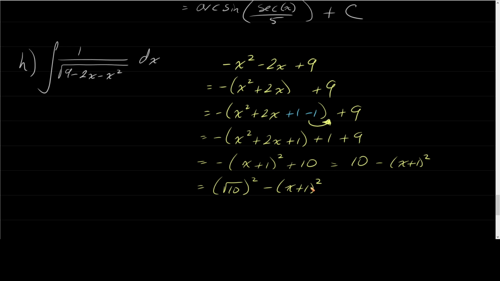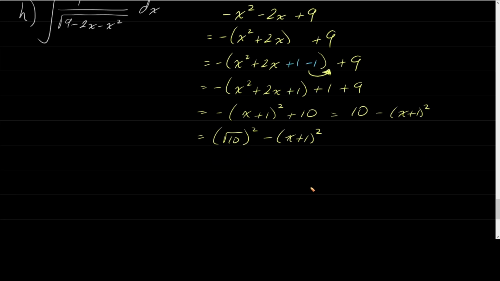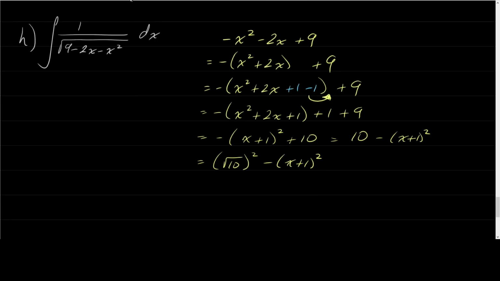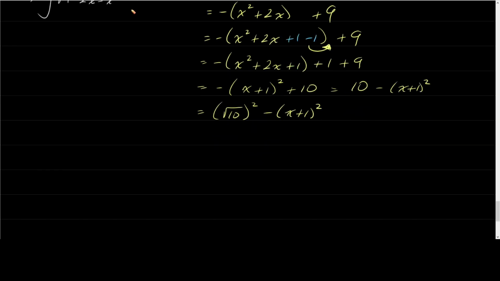And again, that's just a lot of manipulation that we did there. So what this integral becomes now is the integral of 1 over the square root of radical 10 squared minus x plus 1 squared dx.